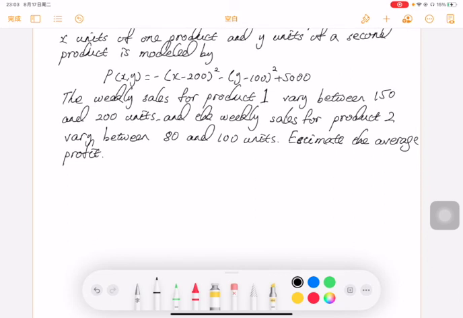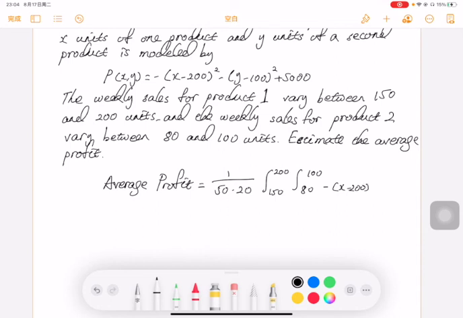Okay, so the average profit equals 1 over 50 times 20, and then the integral from 150 to 200, and then 80 to 100, of minus (x minus 200) squared minus (y minus 100) squared plus 5,000, dy dx.